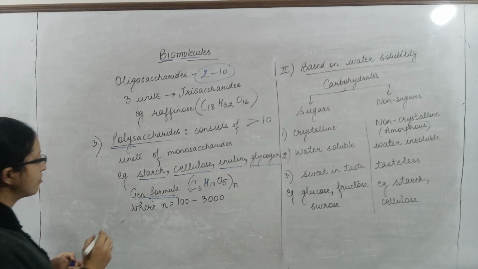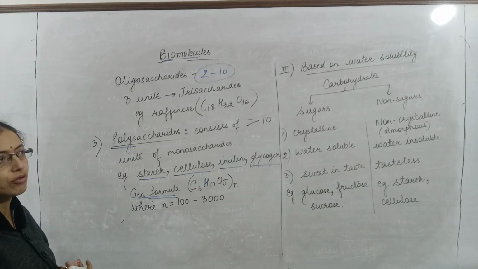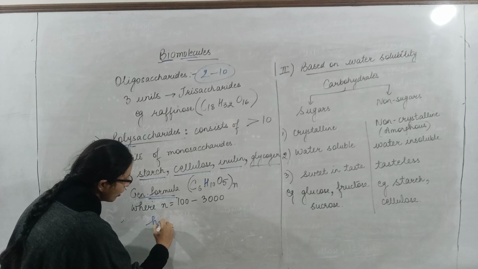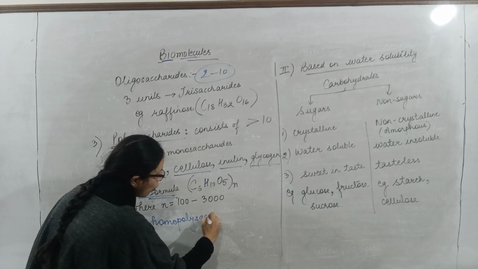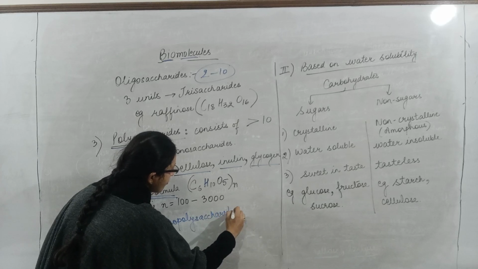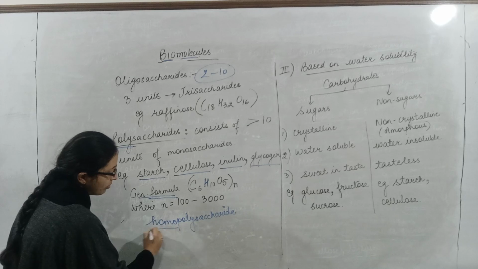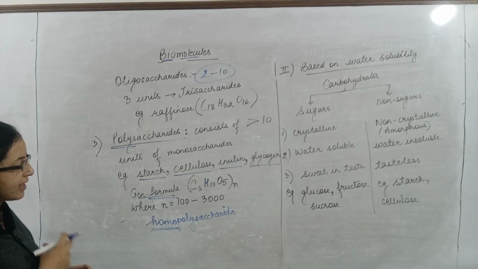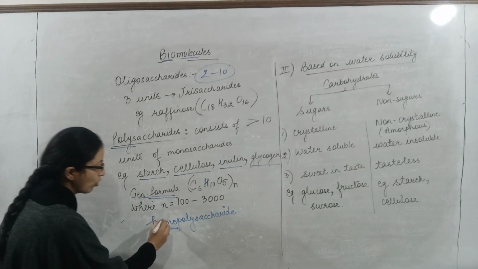If they are made up of a single unit, like cellulose, which is made up of only glucose, so if they are made up of a single monosaccharide unit, they are called homopolysaccharides. Homo means same. If the monosaccharide unit is the same throughout the chain, throughout the polymer, it is called homo.